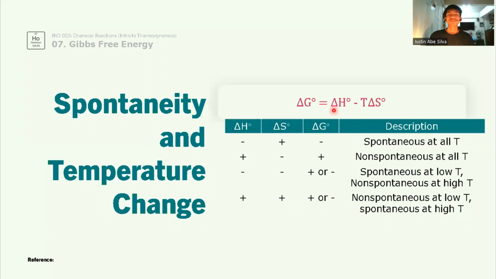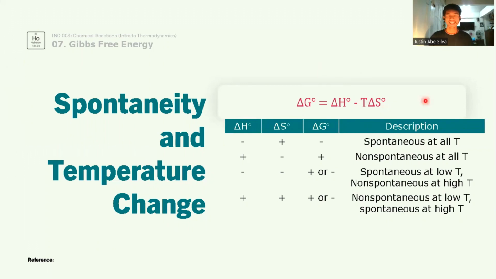By using the delta H naught and delta S naught of the given reaction, which are at 25 degrees Celsius, we substitute them here, while the temperature will be changed to 1000 degrees Celsius. Of course, convert these temperature values into Kelvin, and then just compute to get the delta G naught at a certain temperature.